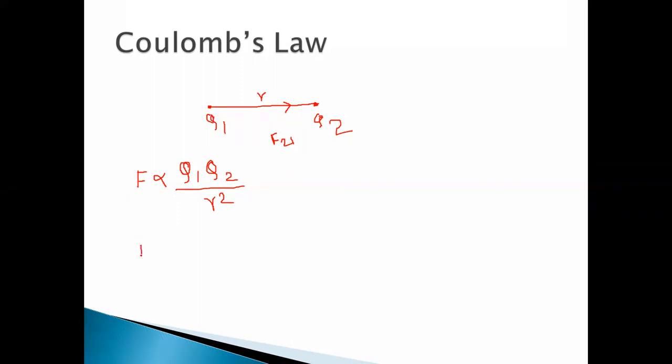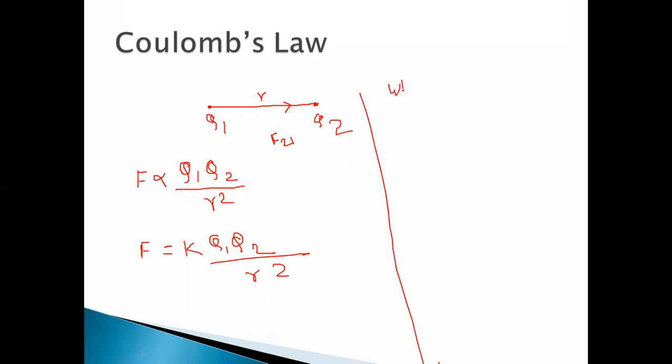Now, if we remove the proportionality sign, then F is equal to K into Q1 Q2 divided by r square, where K is equal to 1 divided by 4 pi epsilon 0.